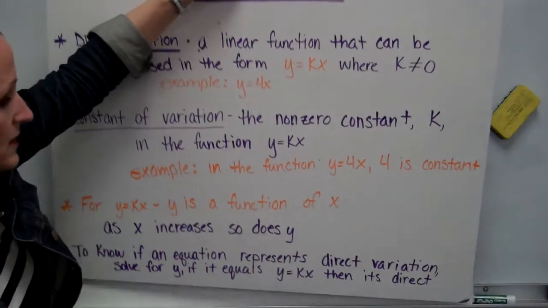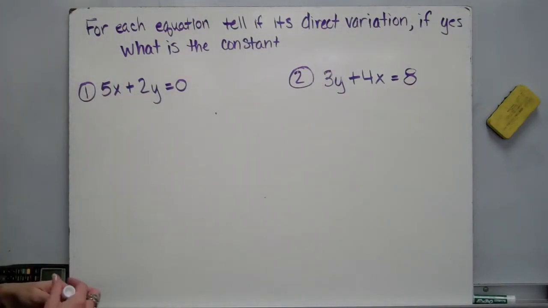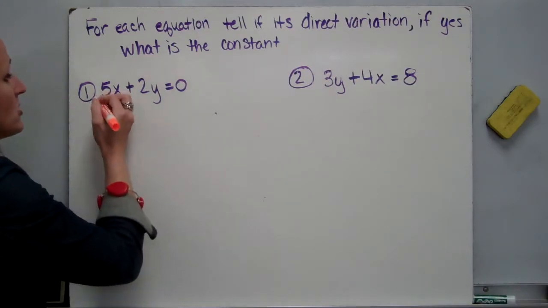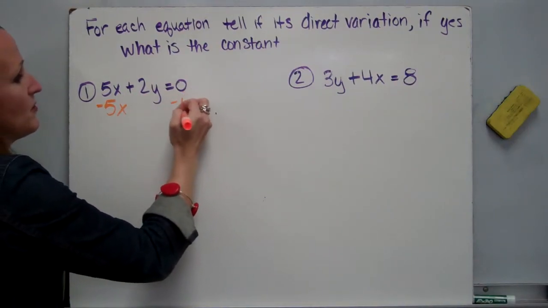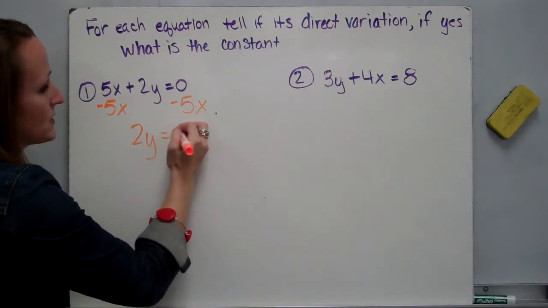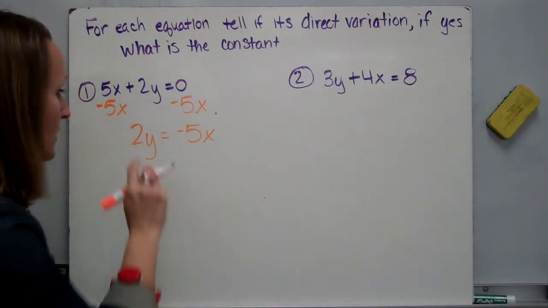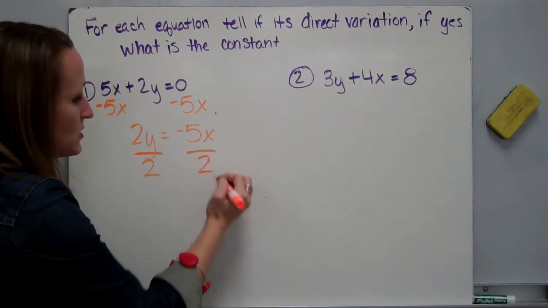So let's look at this. And we know how to solve for y. This is where you transform equations. So if we started with this, remember we want to solve for y, so we have to peel away all the layers. So in this one, we would first start by subtracting 5x from both sides. So we could say 2y equals negative 5x. We still haven't solved completely for y because this 2 is over here. So we're going to divide both sides by 2.